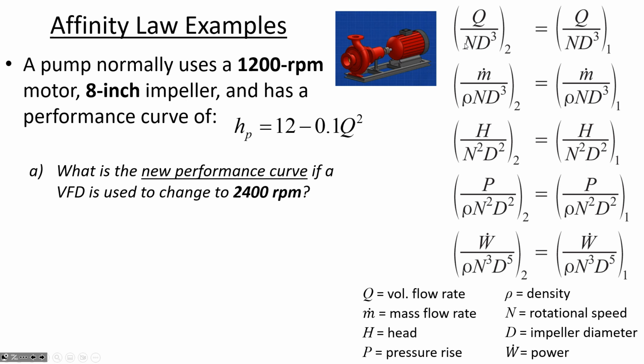So that just leaves us with Q2 divided by N2 is equal to Q1 divided by N1. So in other words, that's saying that Q1 is N1 times Q2 divided by N2. That's Q1.